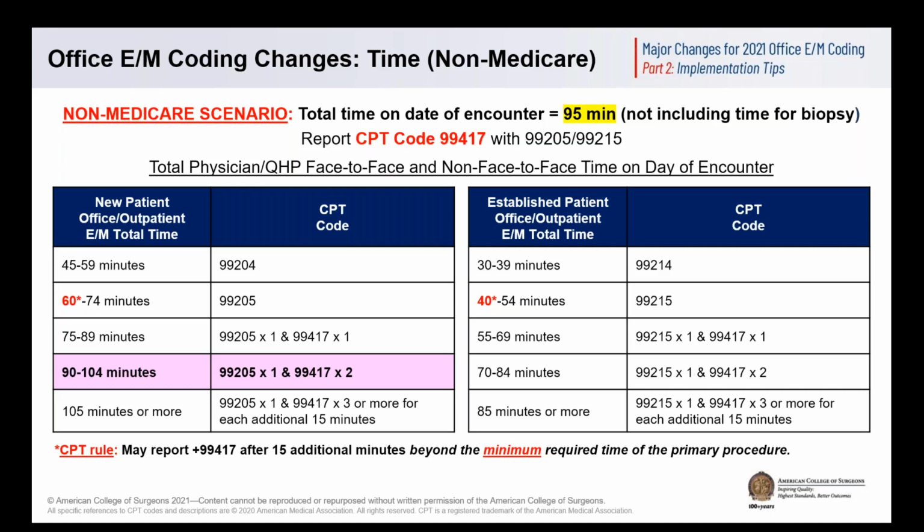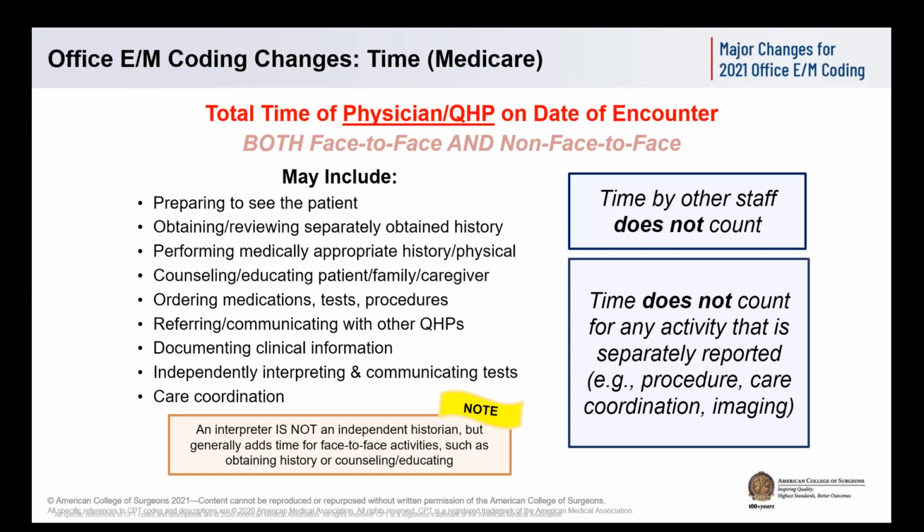Next slide, please. So when you're billing for time, it is total time of the physician or qualified healthcare professional on the date of encounter. It's both face-to-face and non-face-to-face time. So all of those elements seen on the left: preparing to see the patient, reviewing outside history and physical, counseling, education, ordering medications, referring to other providers, documenting, independently interpreting and communicating tests, and care coordination.